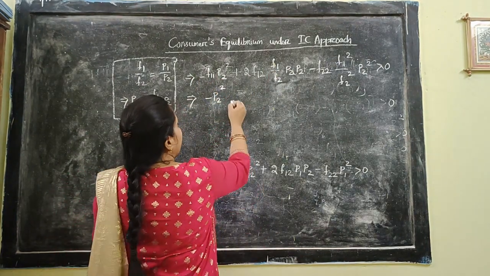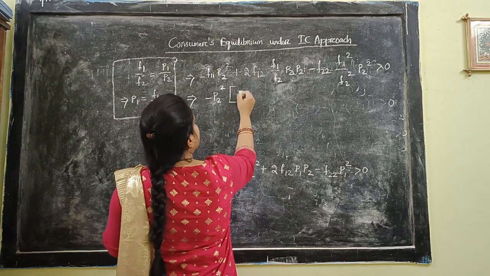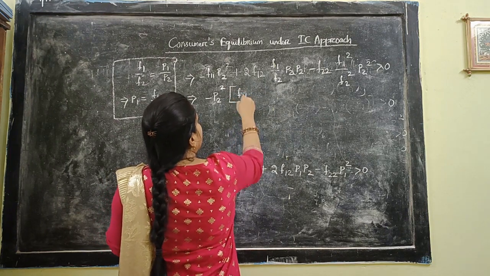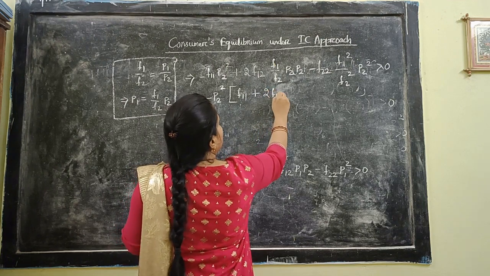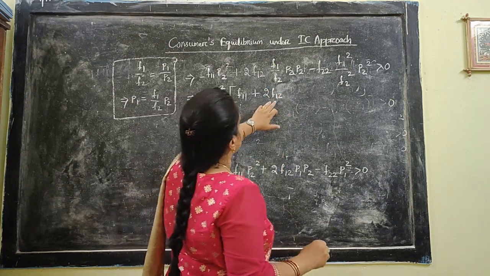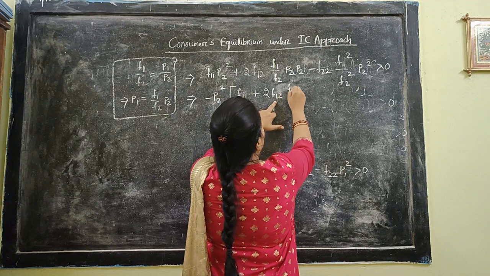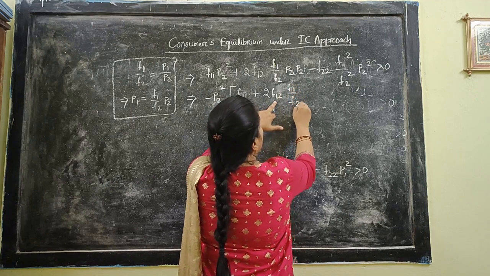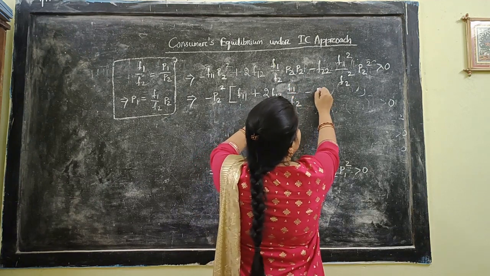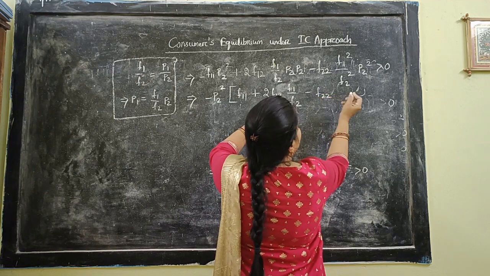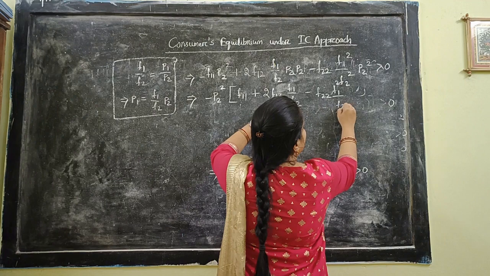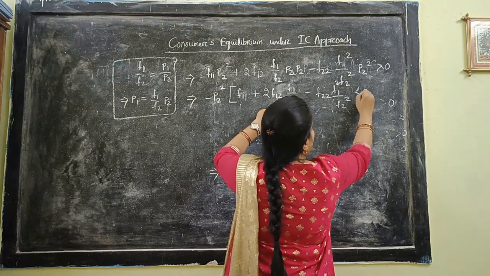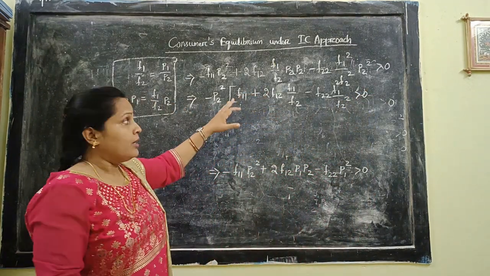So now what remained is F11 plus 2F12 F1 by F2 minus F22 F1 square by F2 square. It has to be greater than 0, right?